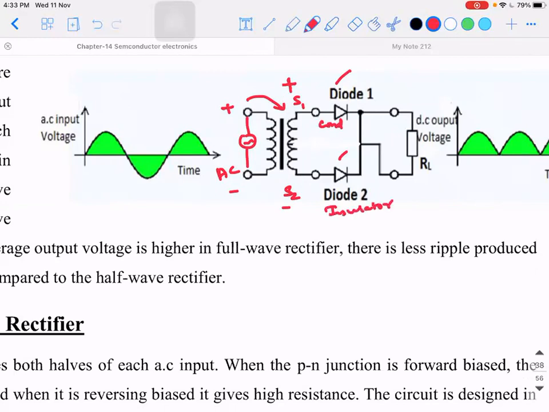Now the question appears, where should I connect my load resistor? For example, like the previous case, if I had used the load resistor here, what would have happened? Will you find any output at this load resistor? In this scenario, when this is positive cycle and this is negative cycle, will you find any output?